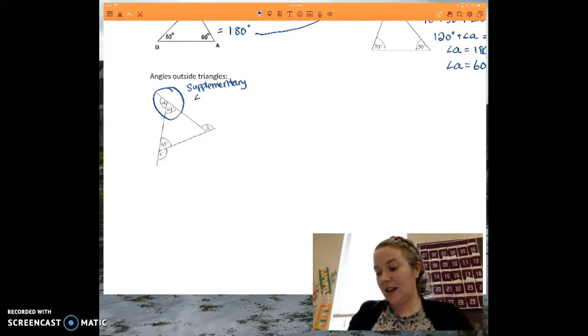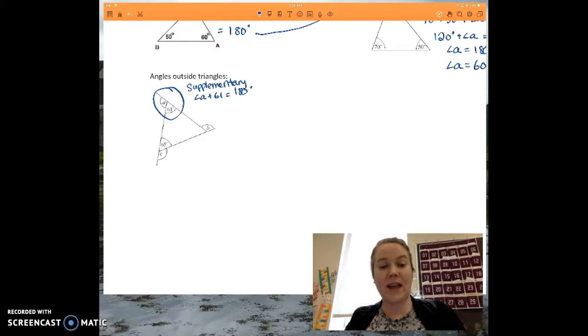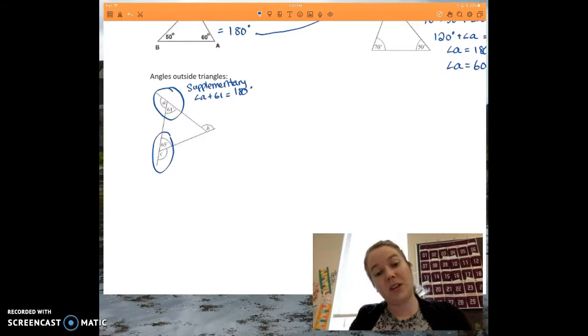So that means angle A plus 61 has to equal 180 degrees. So we can find the exterior angle A, and we can find the exterior angle C. How do we find the exterior angle B?